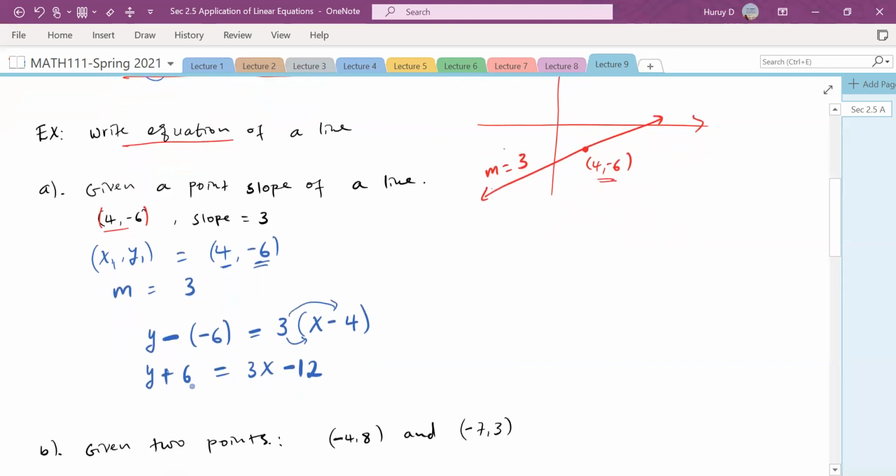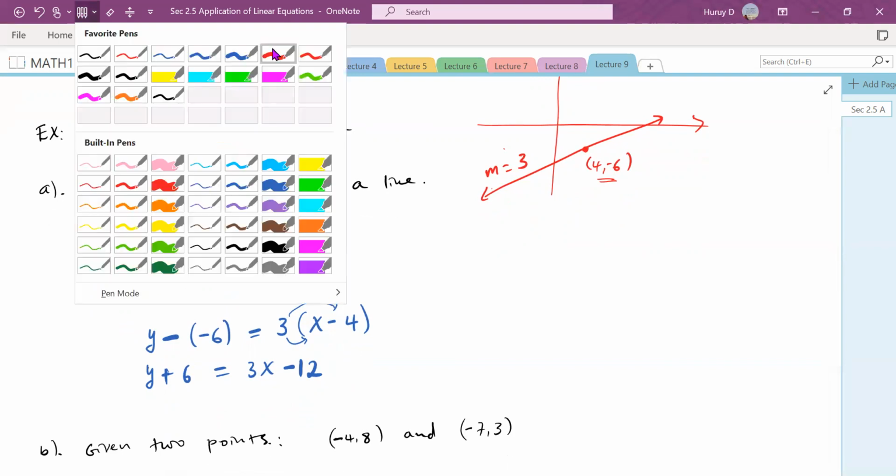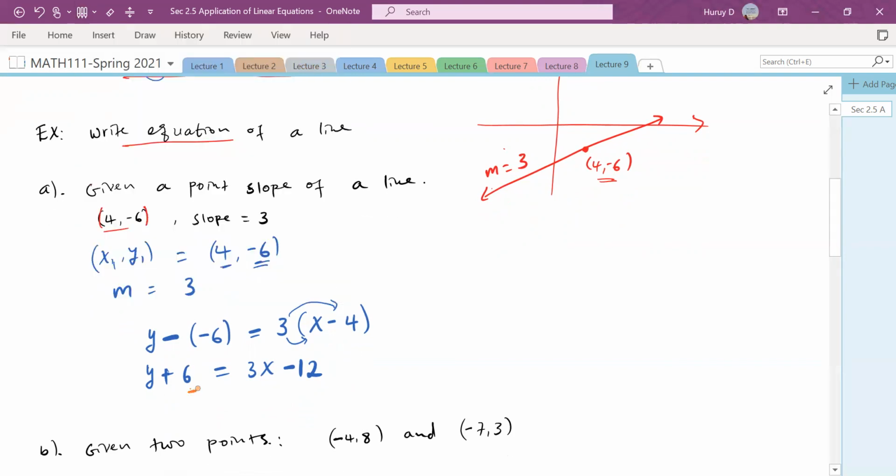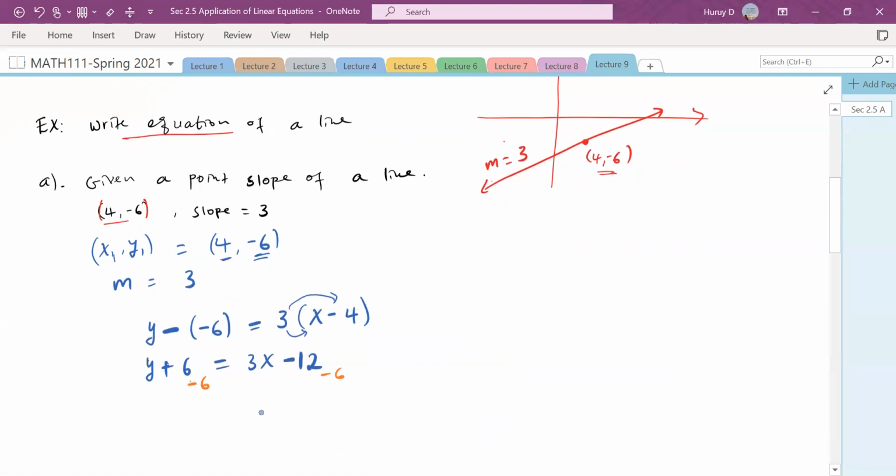Now let's move this to the other side. If I subtract 6 on both sides, then we have y equals 3x minus 18.